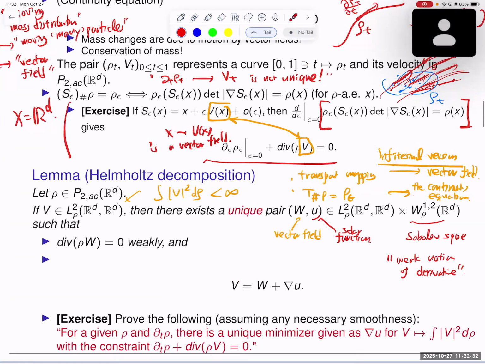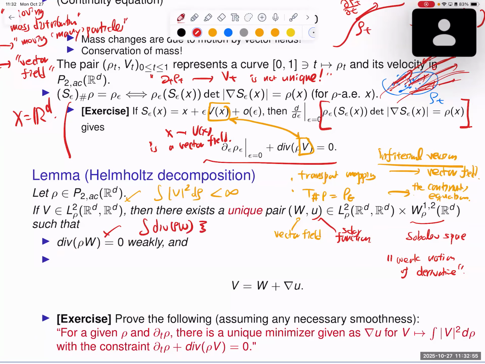And with a condition, if you combine this vector field with the measure rho, then you can consider this equation, divergence of rho W equals 0, in a weak sense. Weak sense means the integral of rho W dot gradient of phi dx is 0 for all phi which is smooth and compactly supported.